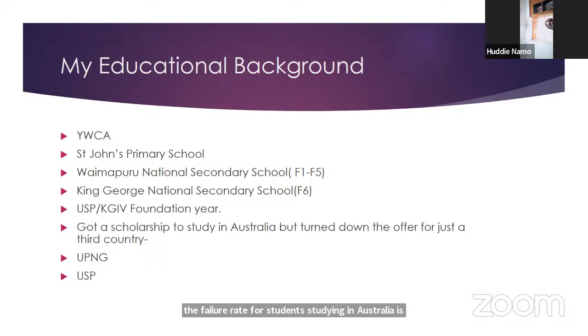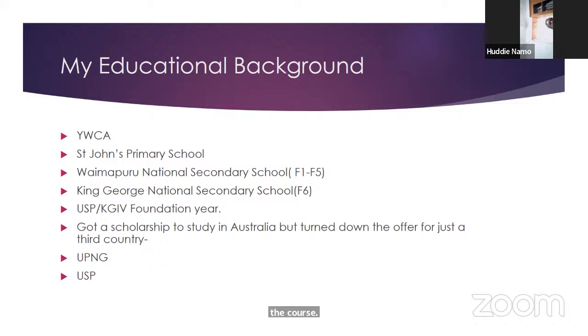Because my scholarship was for medicine, in Australia it was a bit different. Probably some universities you can do that course directly. But for University of Queensland, I'm not really sure now.